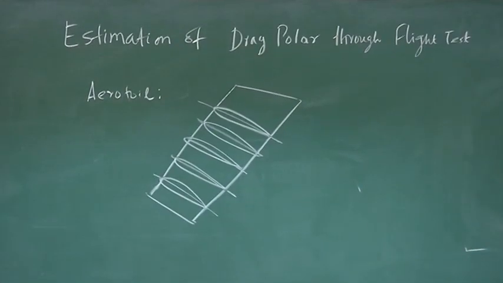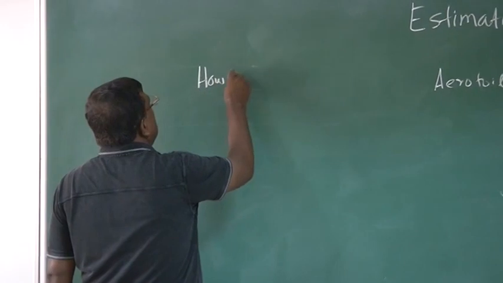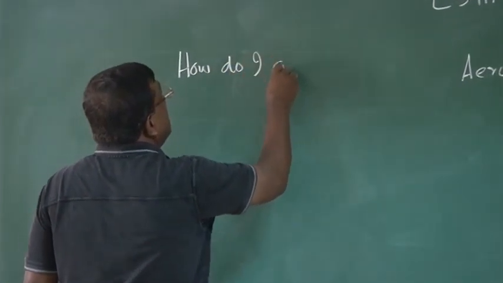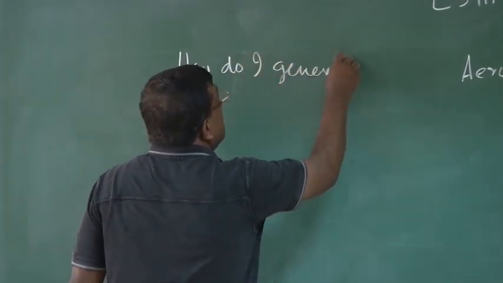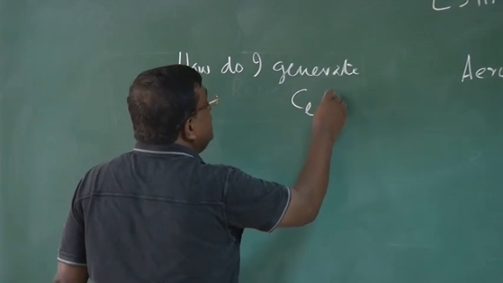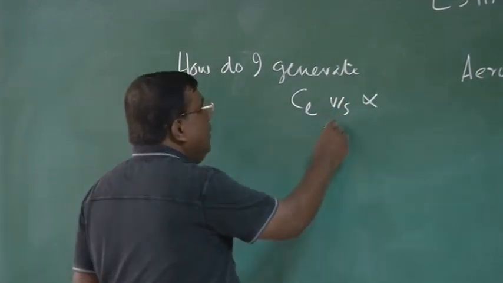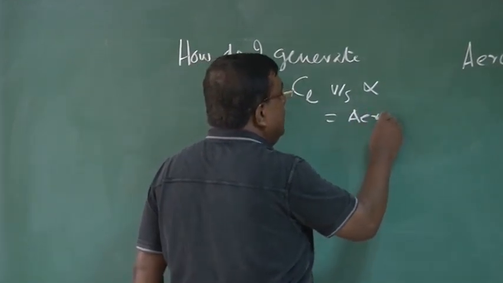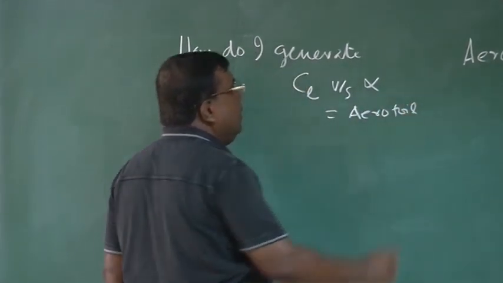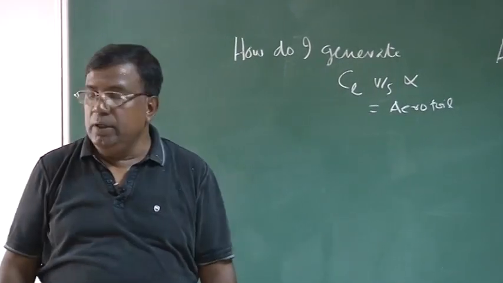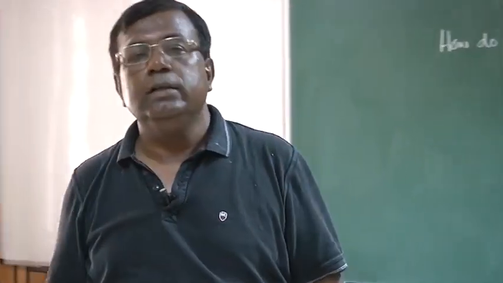Now suppose you ask me a question, how do I generate two-dimensional CL versus alpha for an aerofoil? Do you think you have asked me a complete question? Is it a correct question?